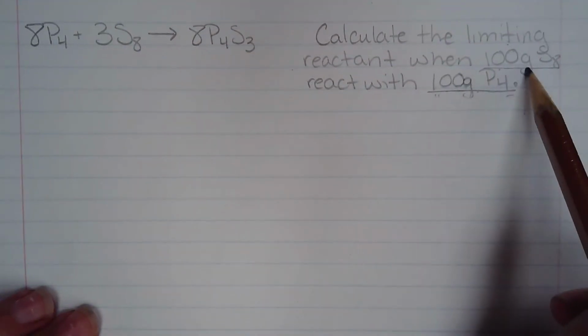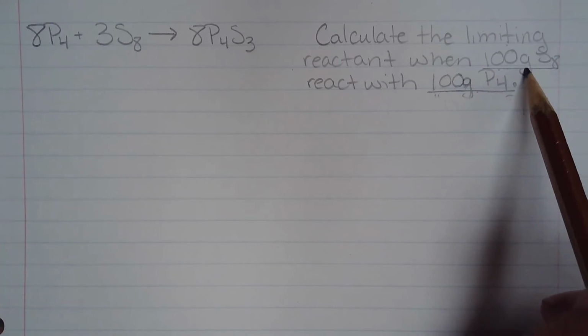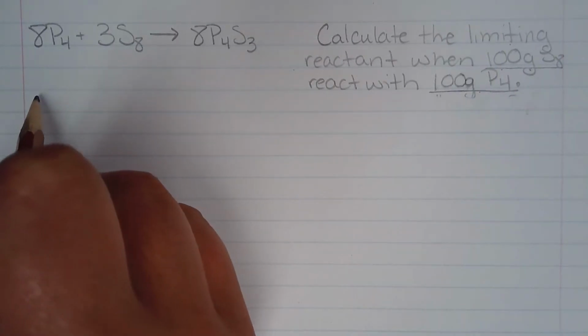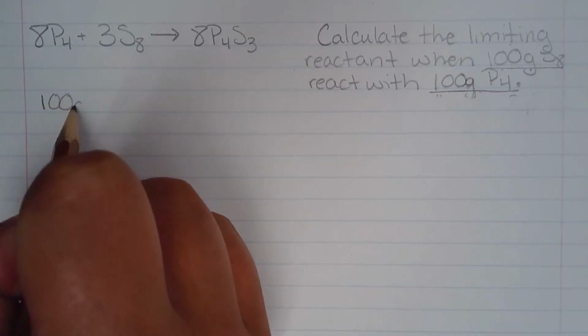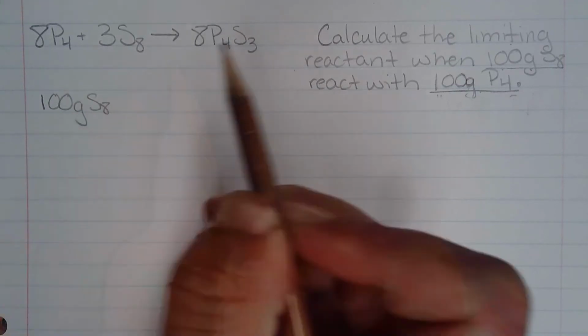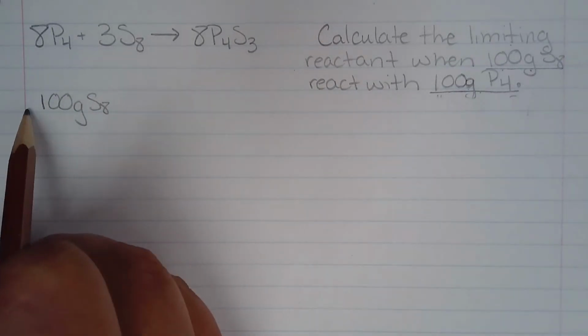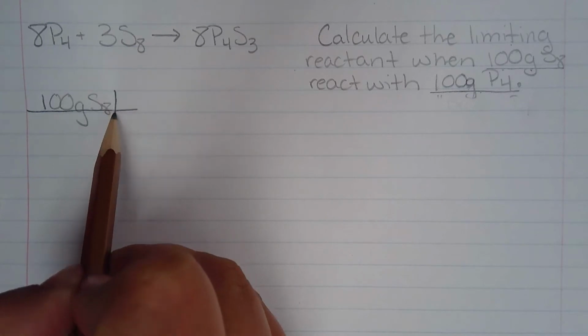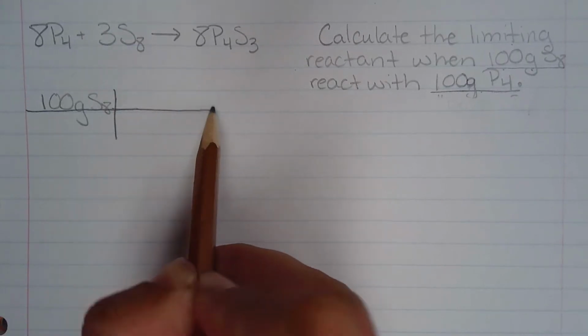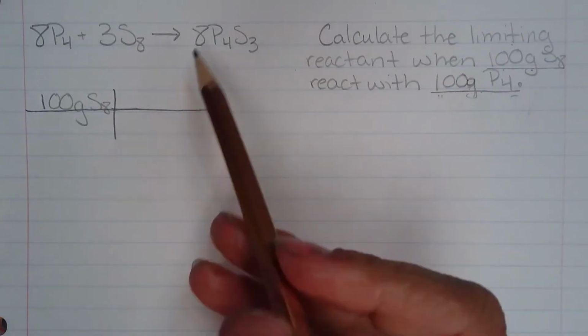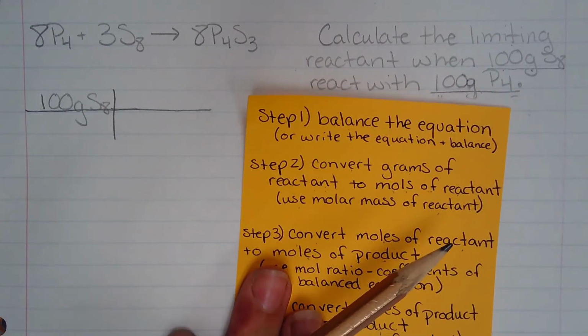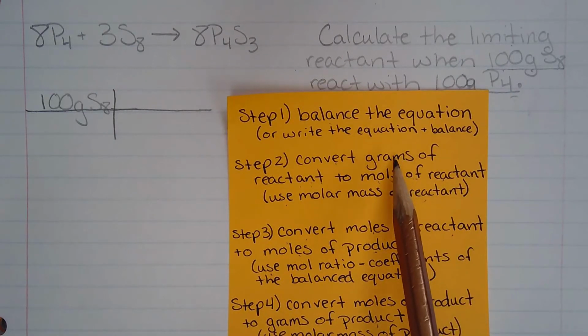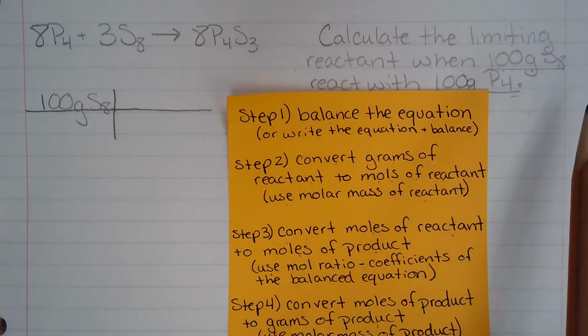We'll use 100 grams of S8 first. So we'll come over here. 100 grams of S8 will be our starting point. So we'll create our little grid. Now, we have grams of S8, so we want to get to moles of reactant, our reactant being the S8.